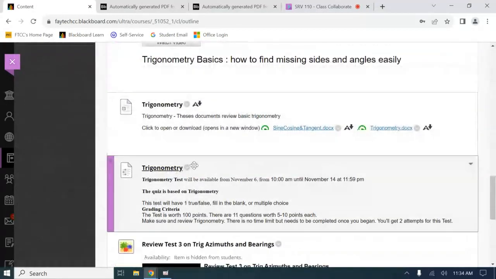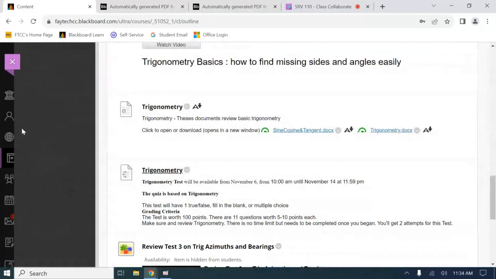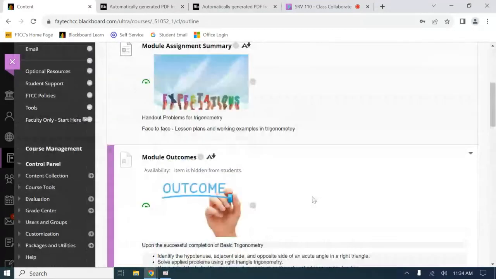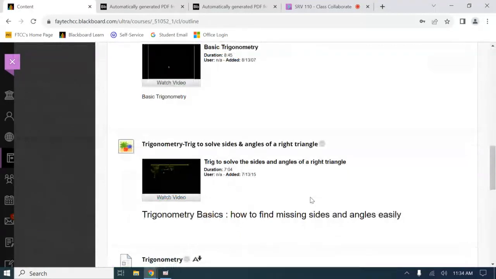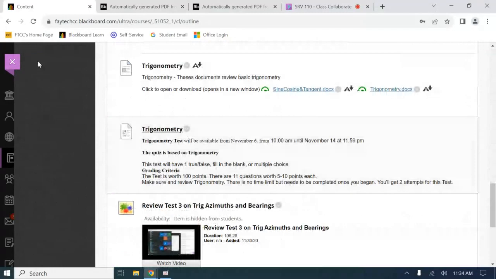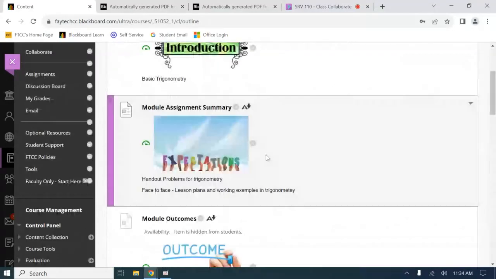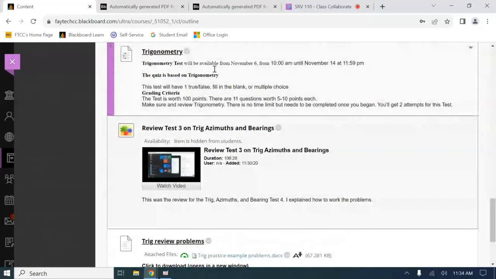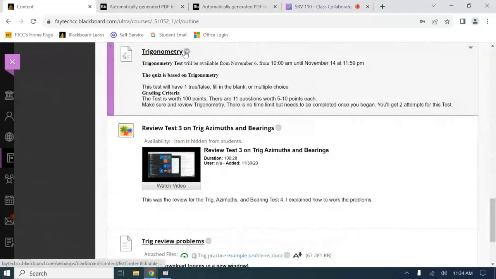It's under module 5 and it's trigonometry, something. I printed out 2 things. Oh, right there, review test. The trigonometry test. That doesn't say test 2. Yeah, if you click on it, it comes up and it says exam number 2.